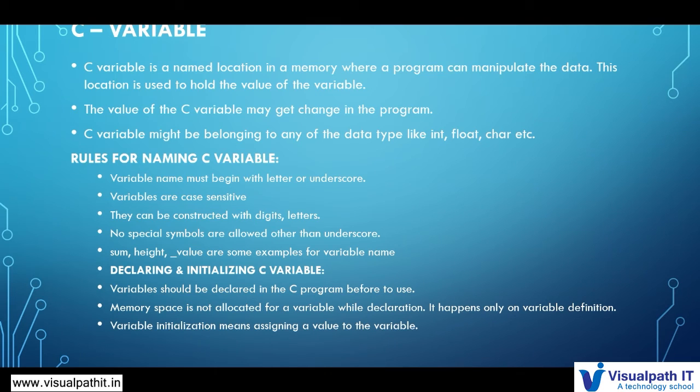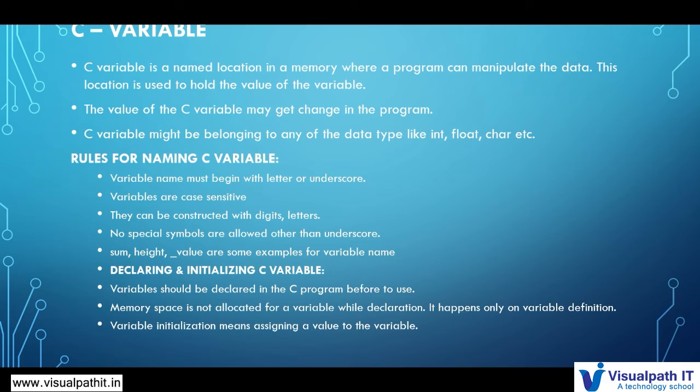That means int a equal to 5. In this way we are assigning a value to a variable. Okay, if we just say int a, that is variable declaration, and if we say int a equal to 5, that is variable initialization. So there are 3 types of variables in C program. What are they? They are local variable, global variable, and environment variable.